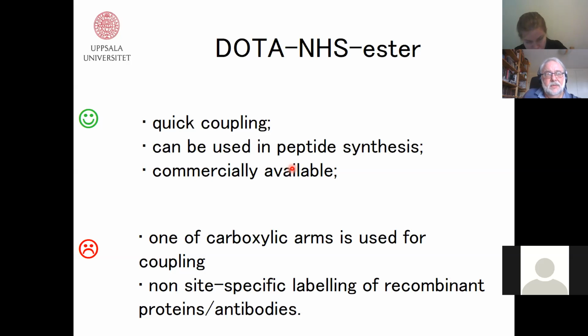Not always good. Many lanthanides are octa-coordinated, and that means that one position in the coordination sphere is vacant, not occupied by the chelator, and that might result in challenge by other chelating agents.